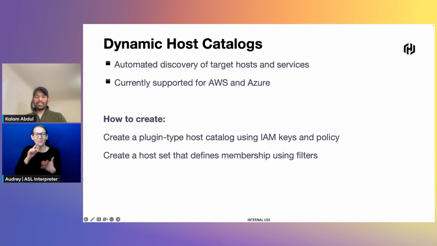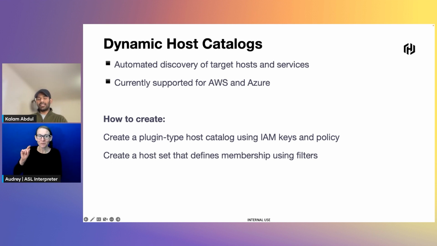catalog. This is a very important feature within Boundary that allows you to create a dynamic host catalog plugin. And today it's supported for AWS and Azure. So how it works is, once you register the plugin within Boundary, it helps you to add the backend systems dynamically to the host catalog, right?